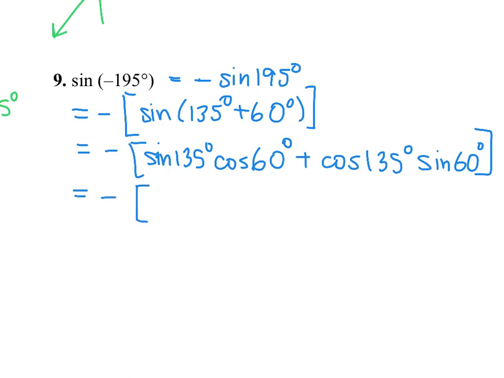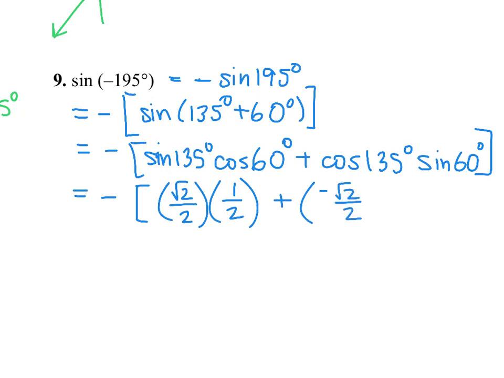All right, and then now we're going to look at our unit circle. So sine of 135 degrees is rad 2 over 2. Cosine of 60 is 1/2. Cosine of 135 degrees is negative rad 2 over 2. And sine of 60 degrees is rad 3 over 2.